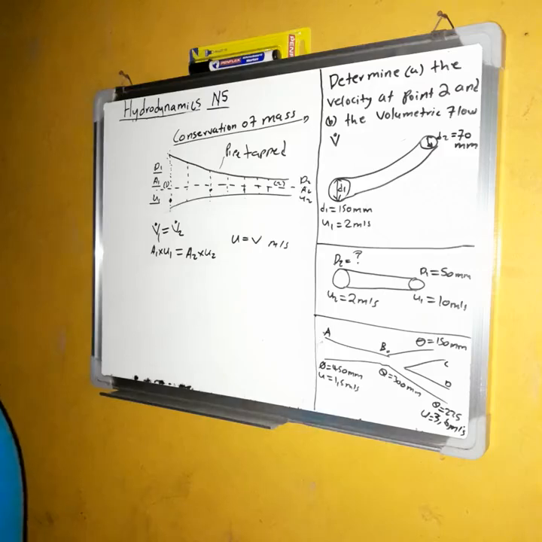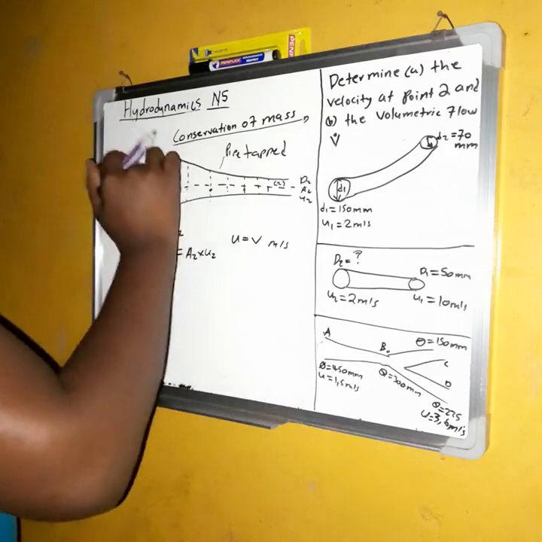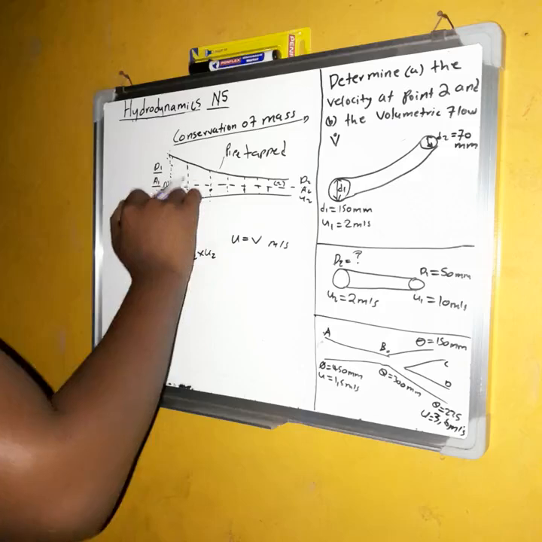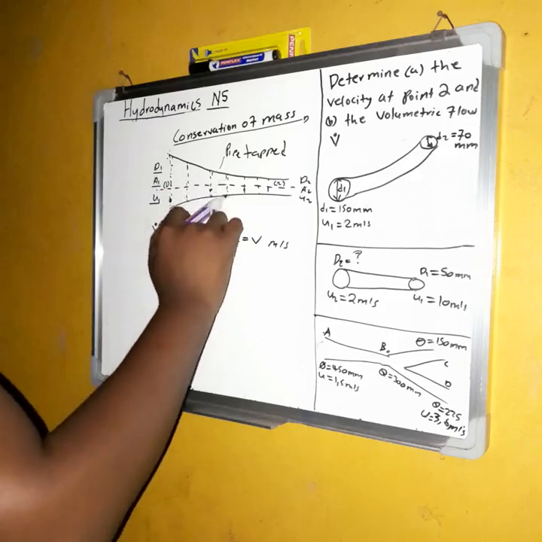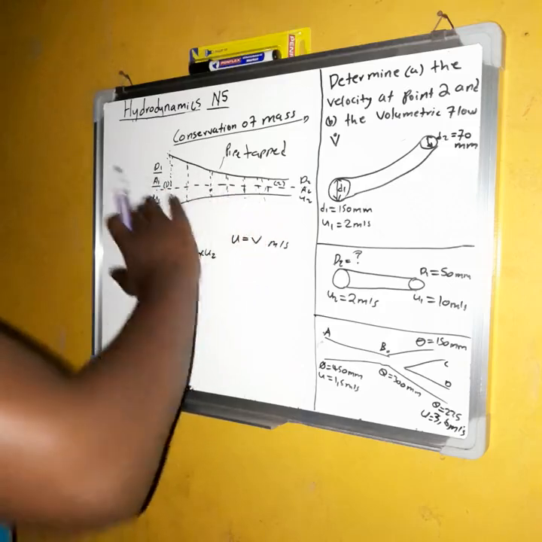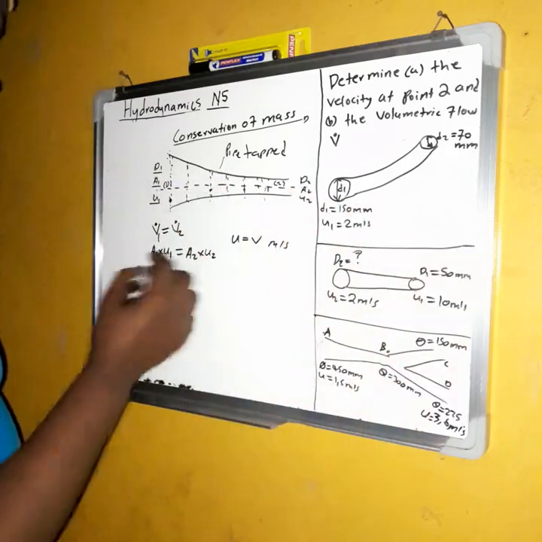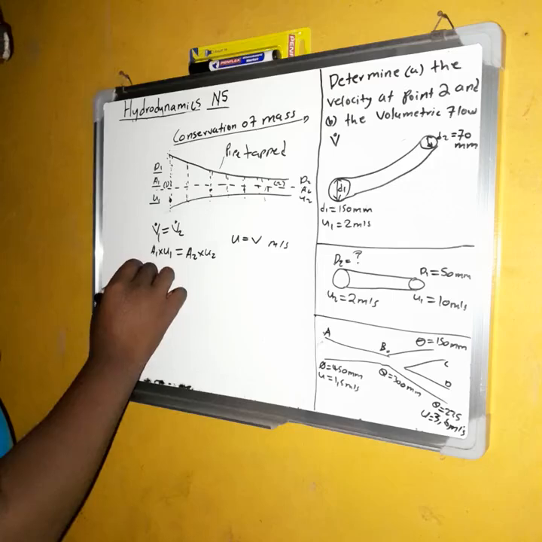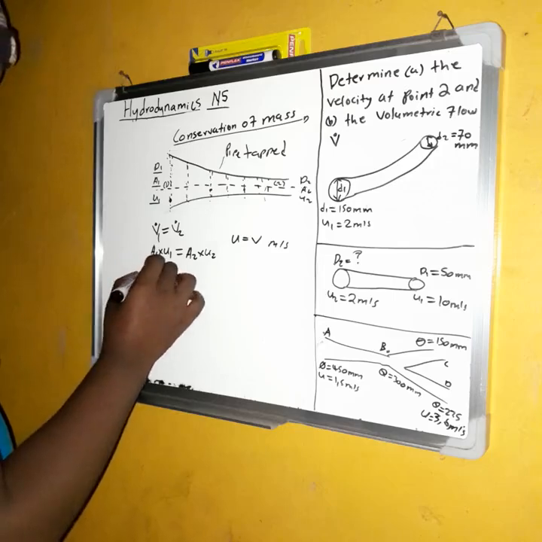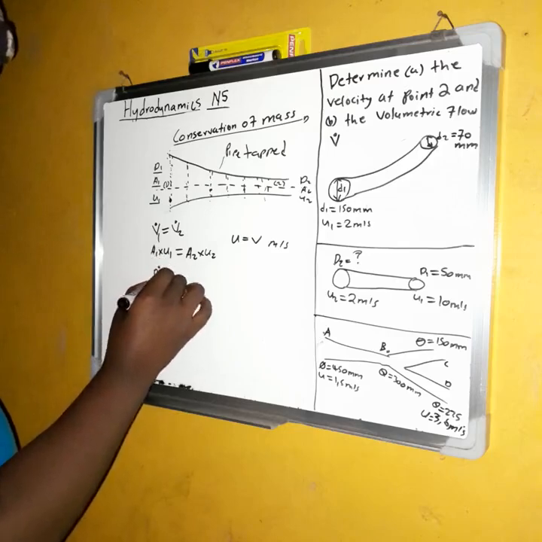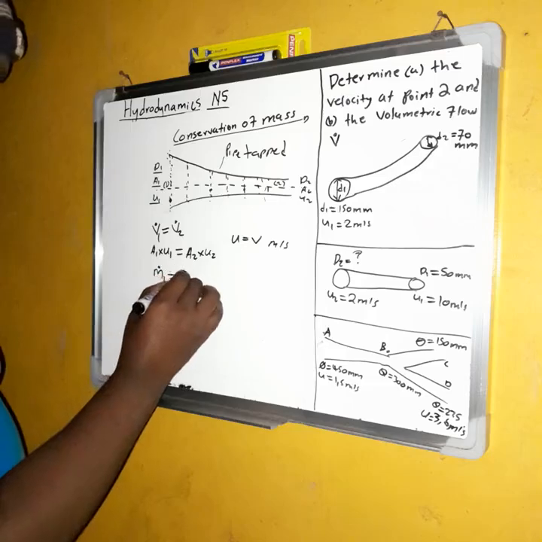So again, the mass flow here, and here, is the same throughout. That means I can say the mass flow 1 must equal the mass flow at 2.